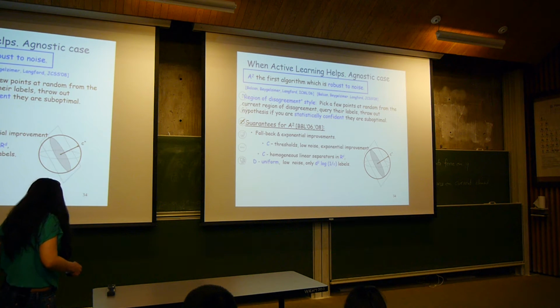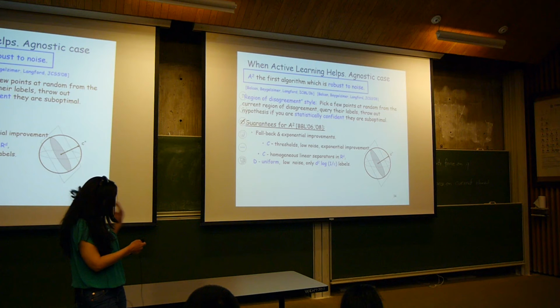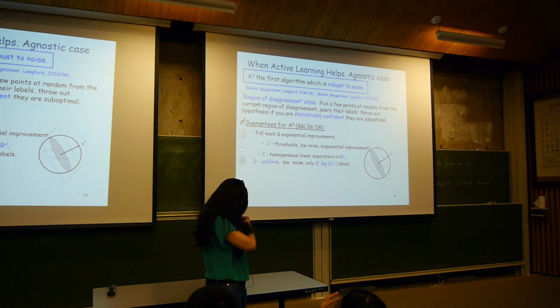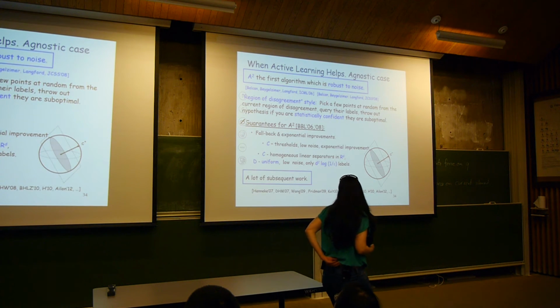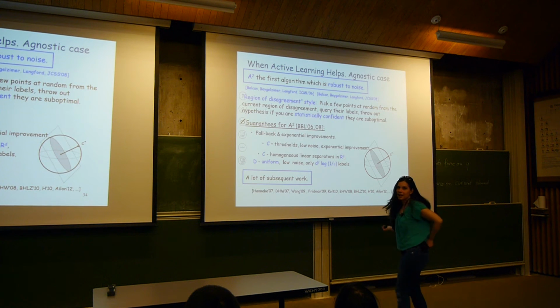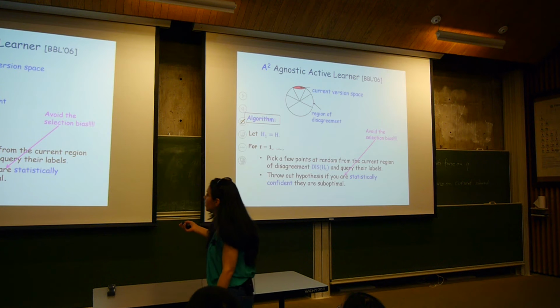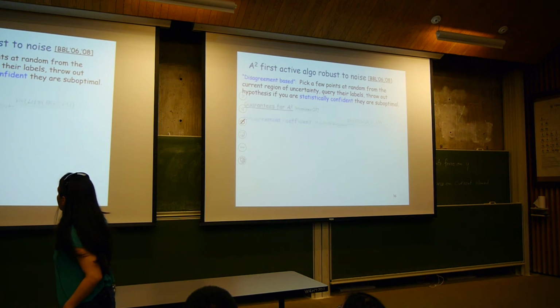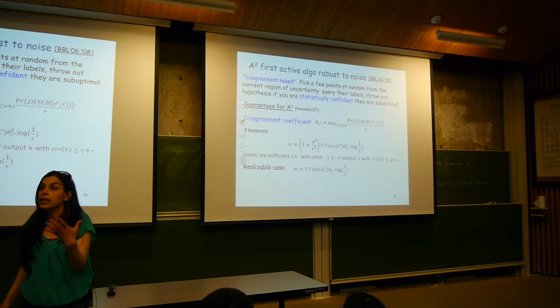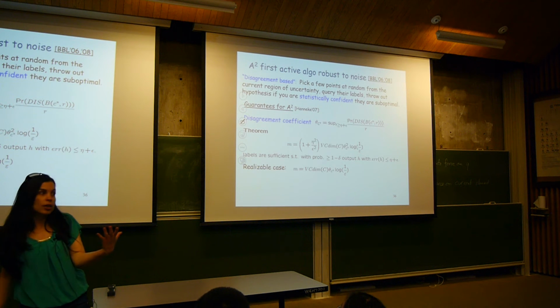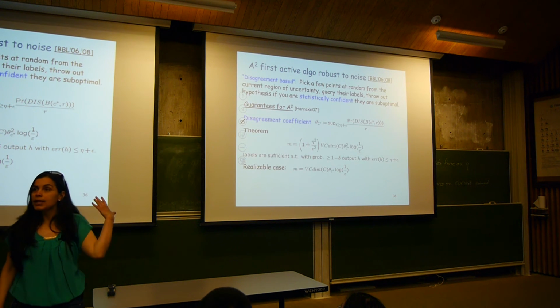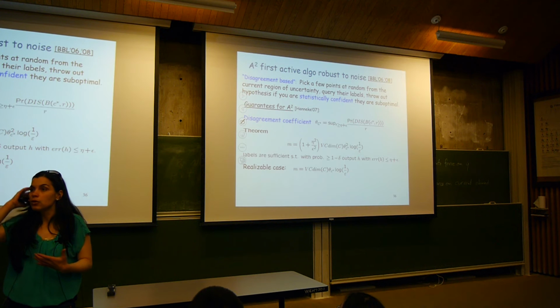But as I mentioned, there was a long line of work after. It was an interesting algorithm, so it generated a lot of work, and it led to a very general understanding of what active learning can do for us. For any hypothesis space, we can now quantify the label complexity of this algorithm.